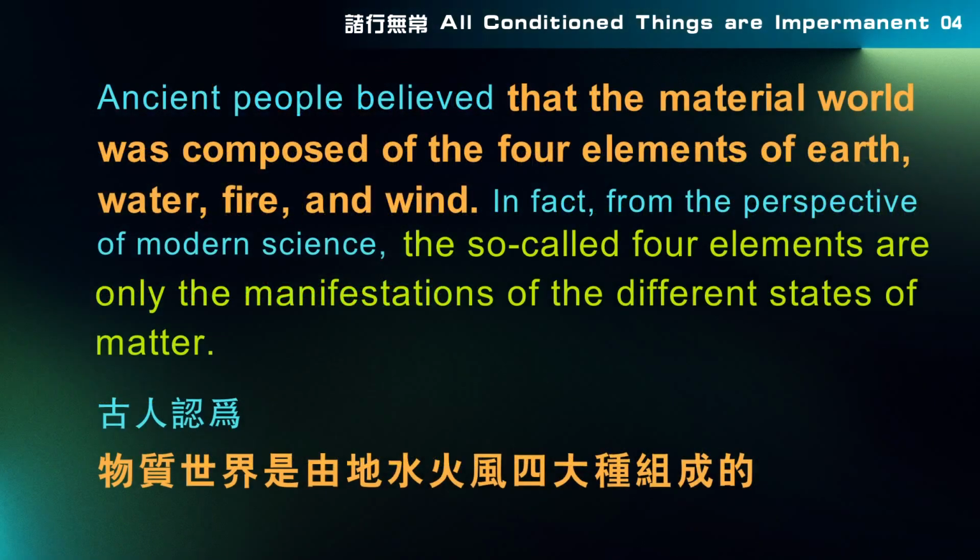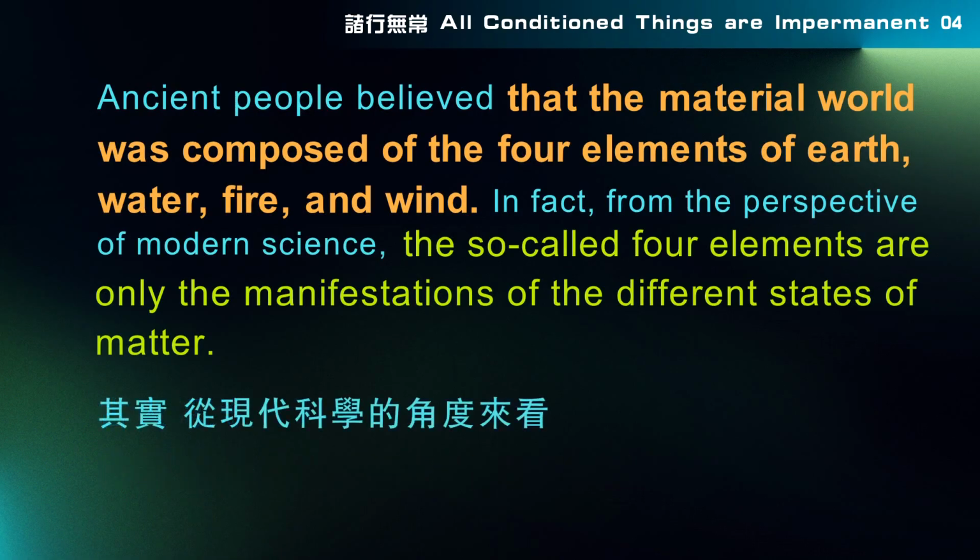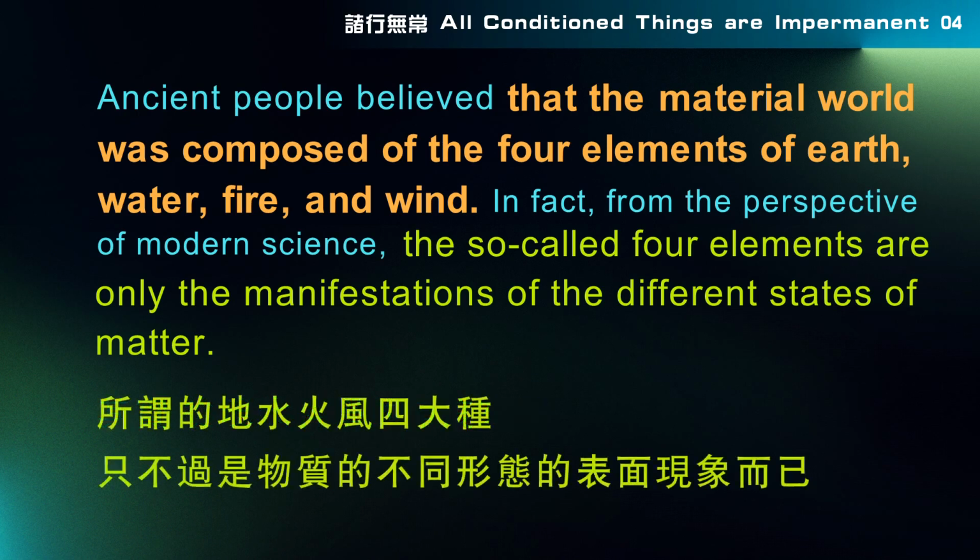Ancient people believed that the material world was composed of the 4 elements of earth, water, fire, and wind. In fact, from the perspective of modern science, the so-called 4 elements are only the manifestations of the different states of matter.